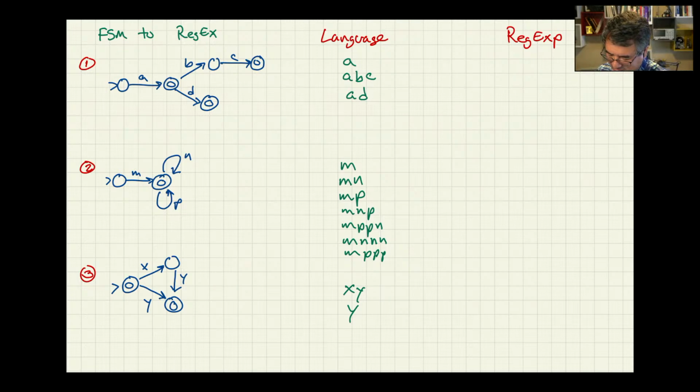Anyway, so for the first one, we want one that accepts either A or ABC or AD. And let's see, what do we got here as far as some choices?